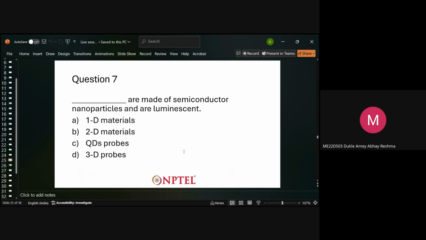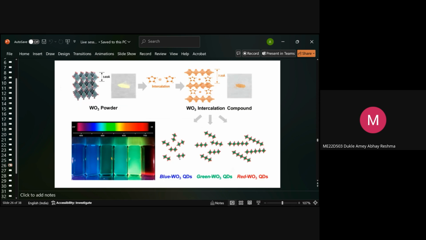The seventh question, basically, dash are made up of semiconductor nanoparticles and are luminescent. So basically they emit light. So 1D material, 2D material, quantum dot probes, or 3D probes. So the answer is quantum dot probes. So this is one example.